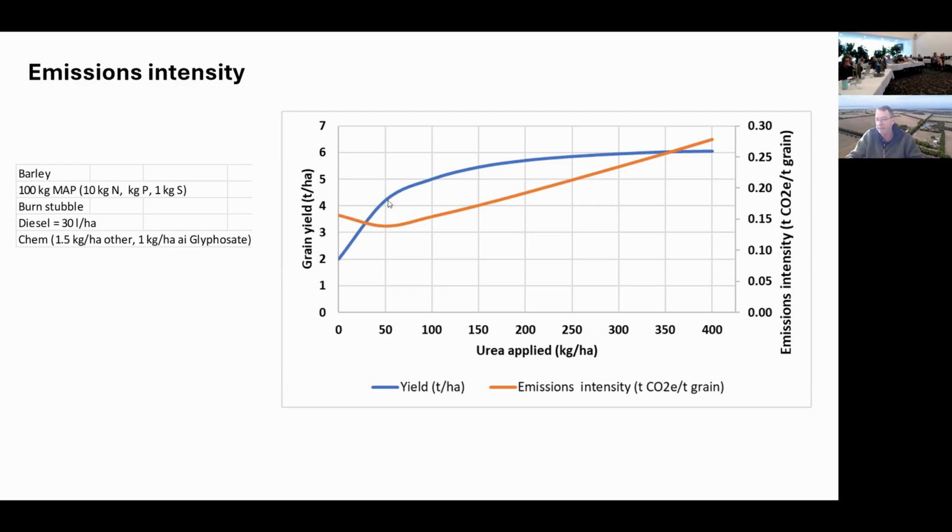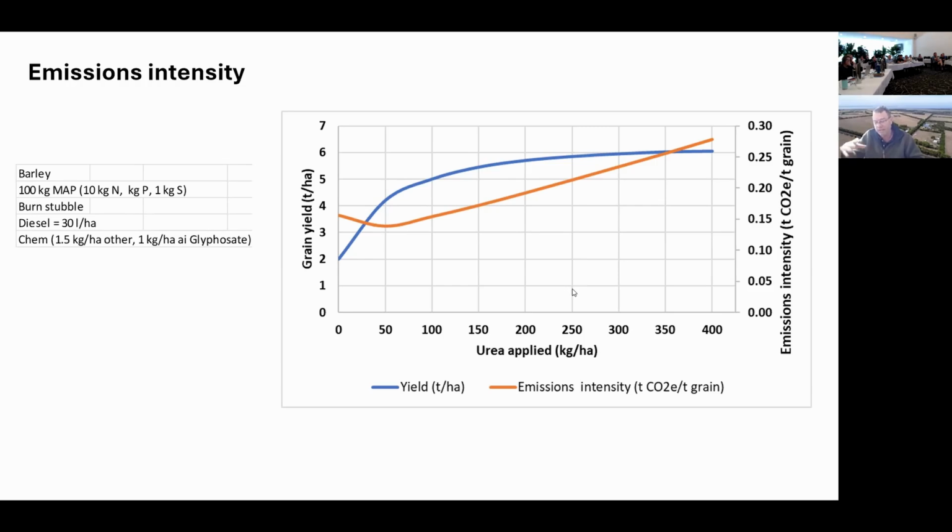Okay, but because of the diminishing nature of that increasing yield for increasing nitrogen applied, our emissions intensity continues to go up as we're chasing more yield and using that nitrogen for more yield.